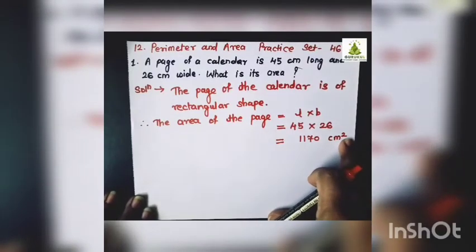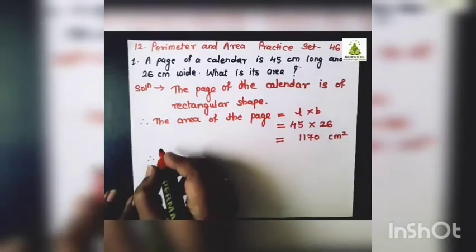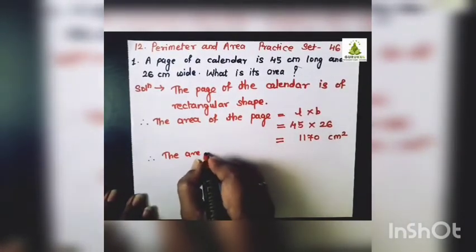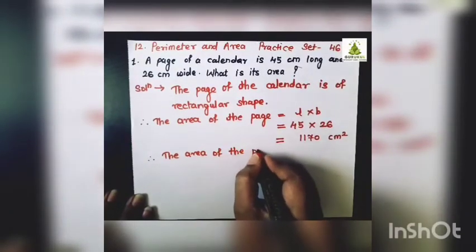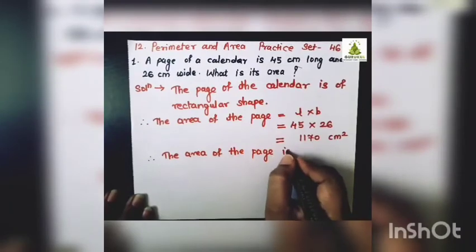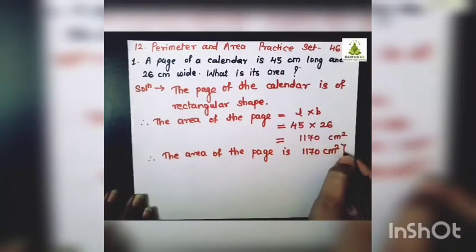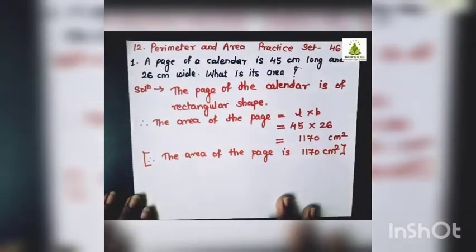This word is very, very important. Final answer: the area of the page is 1170 centimeter square. So this will be the answer for the first sum.